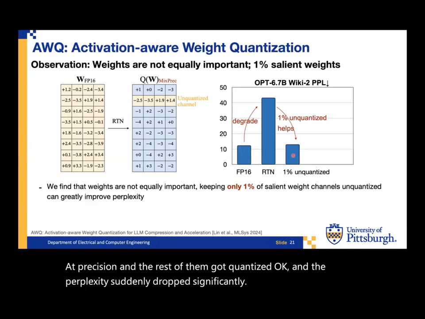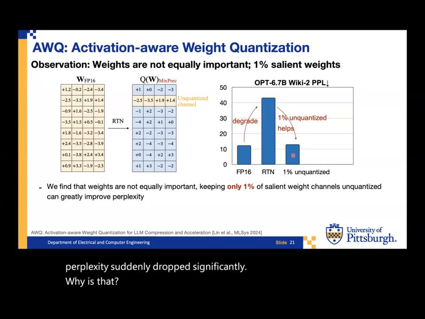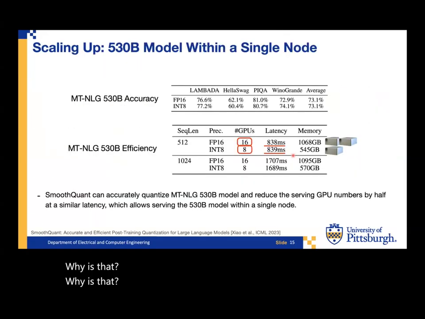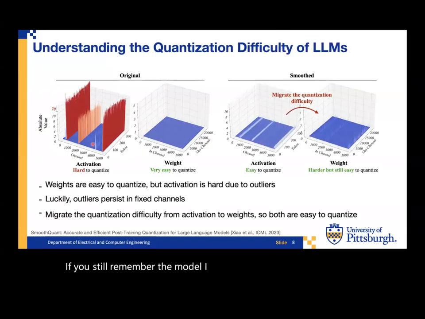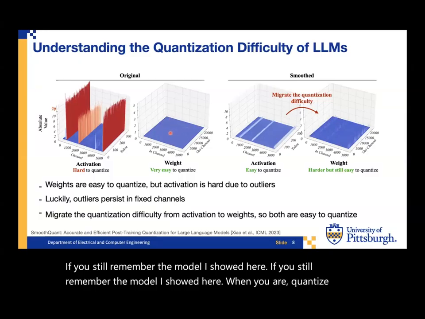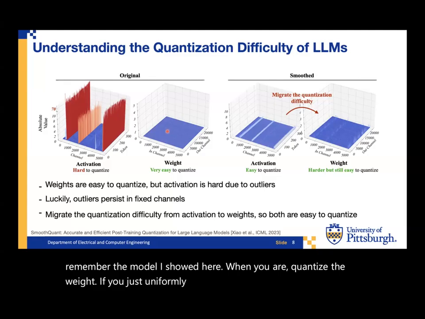Why is that? If you still remember the model I showed here, when you quantize the weight, if you just uniformly quantize everything, the performance just drops.